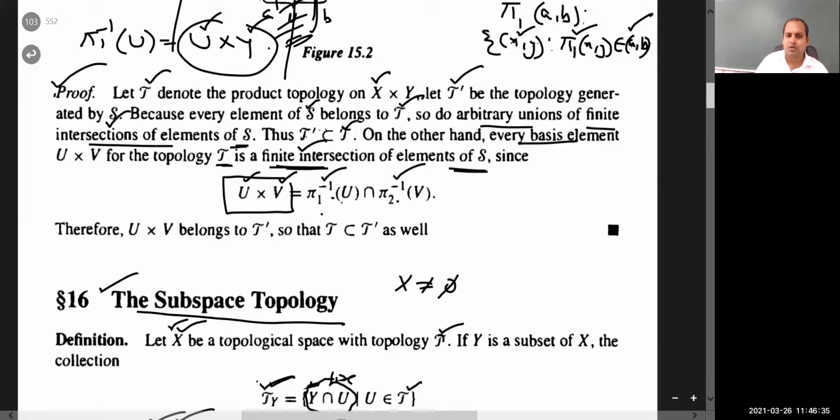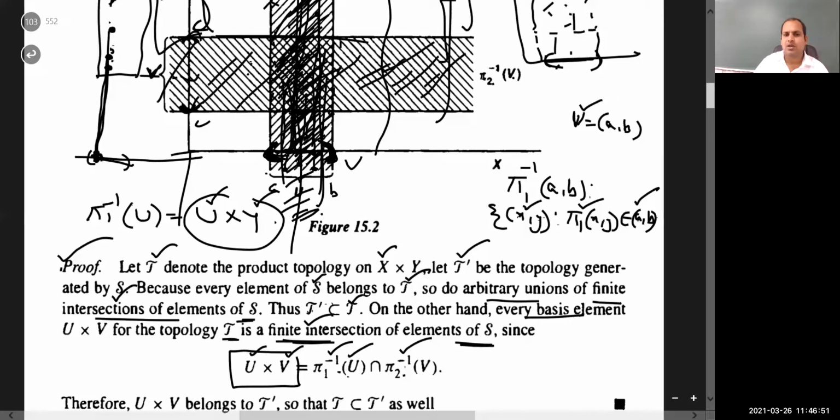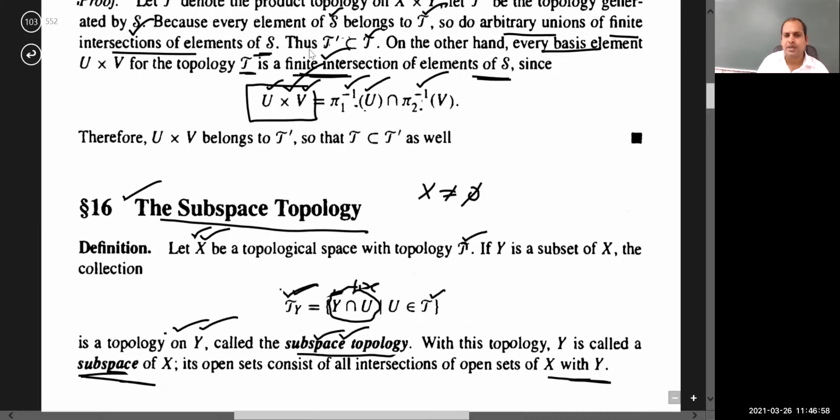I have explained this through the diagram: if you take this rectangular region, this strip is pi 1 inverse of U, this one is pi 2 inverse of V, and if we take their finite intersection, then we have this open rectangular region, which is a basis member. So you read this, and then again I will come to this proof.